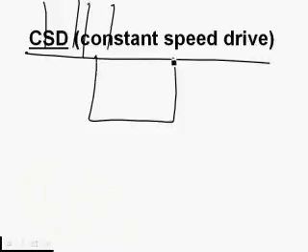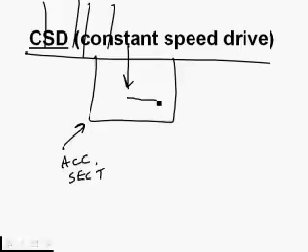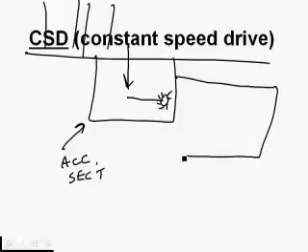So here's the top of that big jet engine, and here's the accessory section. And in that accessory section is going to be a gear. And coming out of the constant speed drive, there's a gear that goes in here, and they mesh.